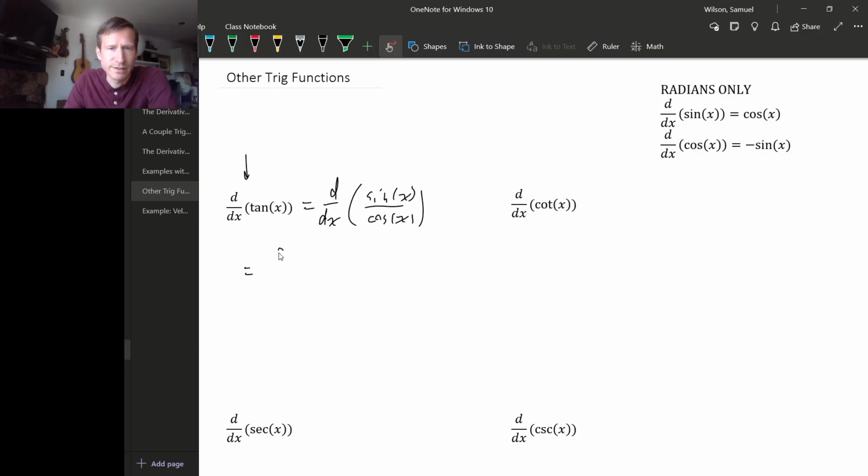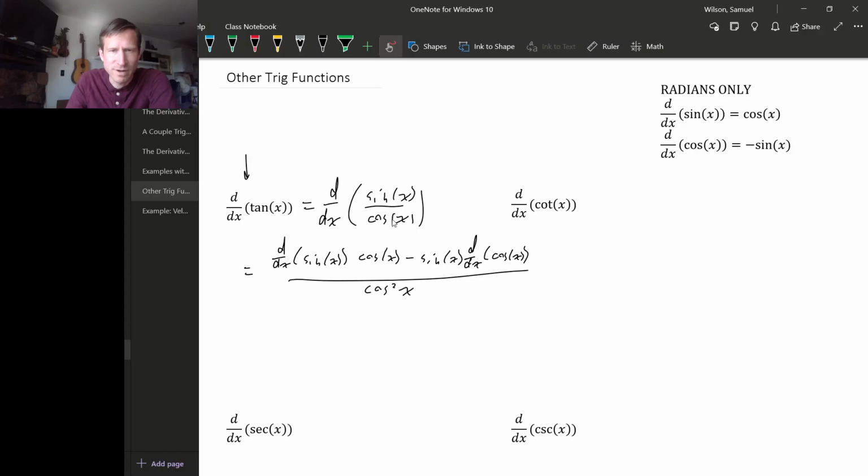So let's see. It's derivative of the numerator, derivative of sine of x, times the denominator with no derivative, minus numerator times derivative of denominator, so derivative of cosine, all over cosine squared, right, denominator squared, so that's cosine squared.